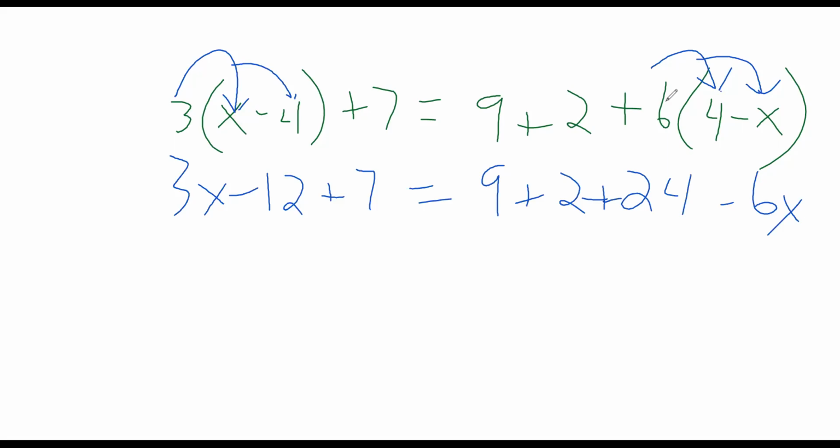Exactly. So combine like terms. We'll combine these over here. What's negative 12 plus 7 going to become? Negative 5. Yep. The 3x didn't have any like terms on the left-hand side, so we leave it alone. 9 plus 2 plus 24 will be what? 35. 11 plus 24, 35.